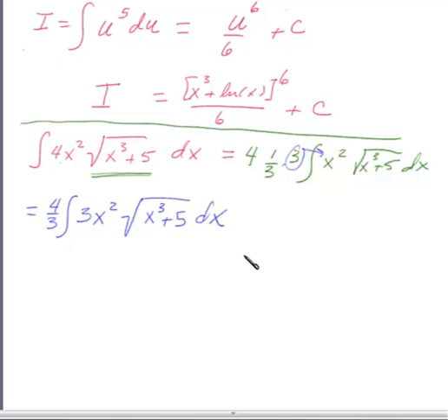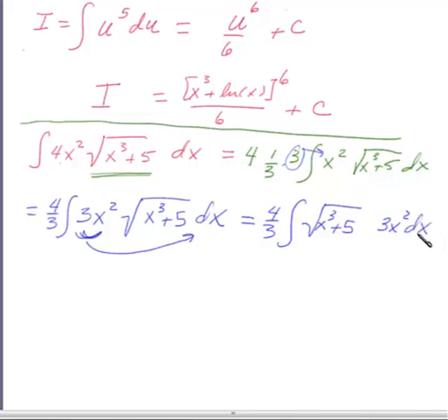With more practice, we'll be combining steps, but for illustration I want to take this 3x squared term and move it over here with the dx, so I would finally say this is equal to 4/3 integral square root of x cubed plus 5 and then 3x squared dx.